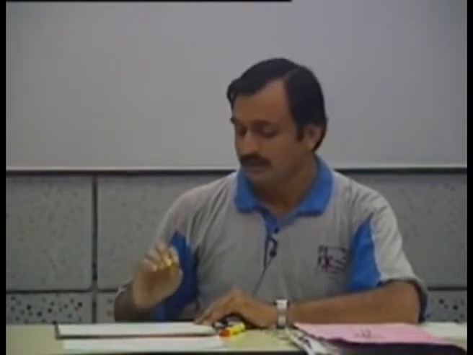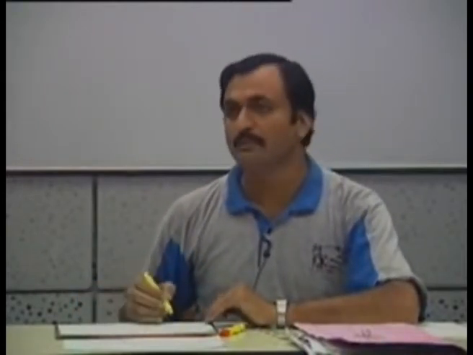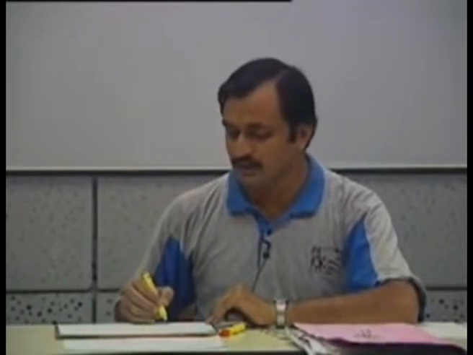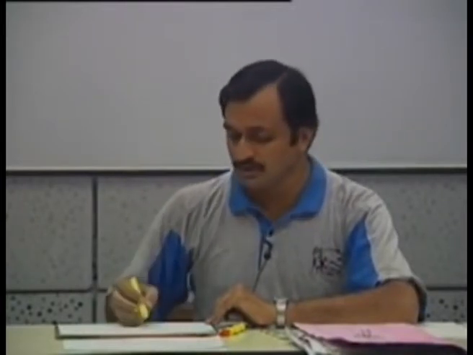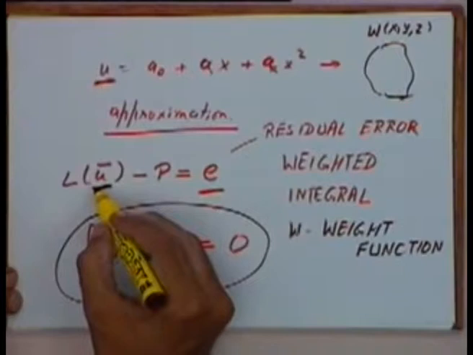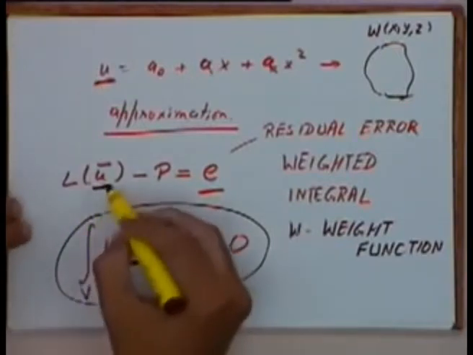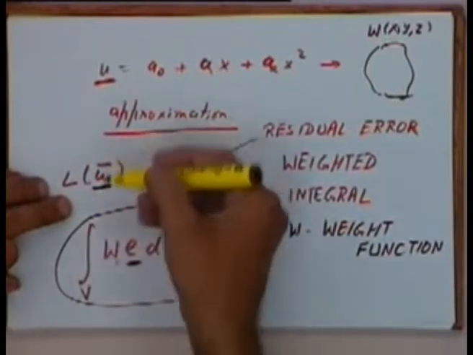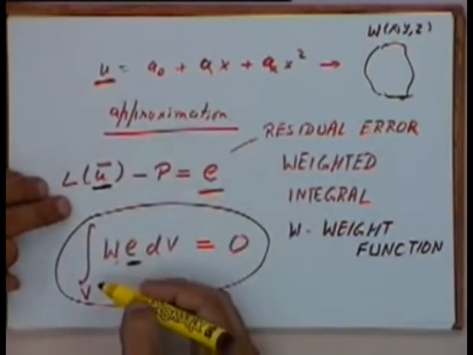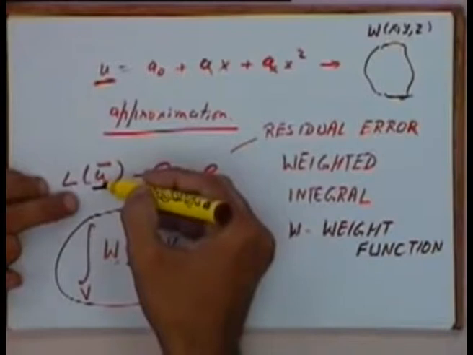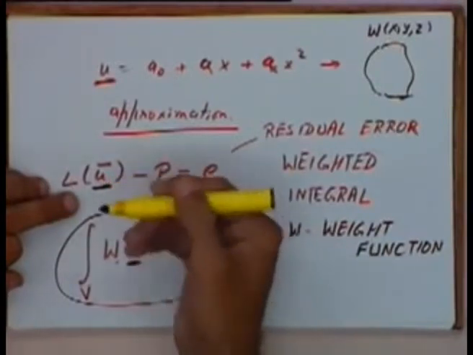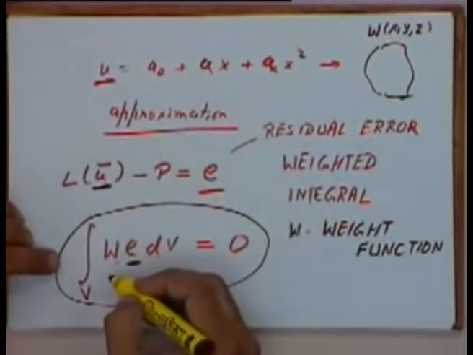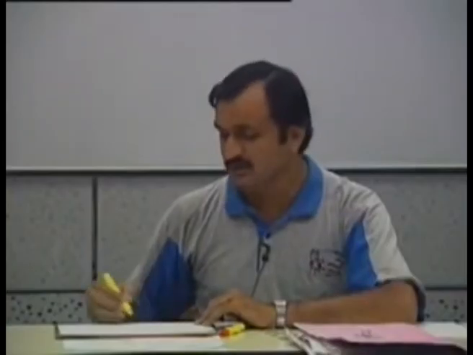But normally in this method we take a particular w, no? Yeah, so what I am saying is if we can ensure it for any arbitrary w, then I can ensure that E is 0. E is 0 means u is the same as u bar. Let me complete. Okay, so what we will do now is instead of taking any arbitrary w, we will take w as per a certain pattern, and we will take u bar also as per a certain pattern, and then we will hypothesize that we will get an accurate estimate of u by ensuring this condition.